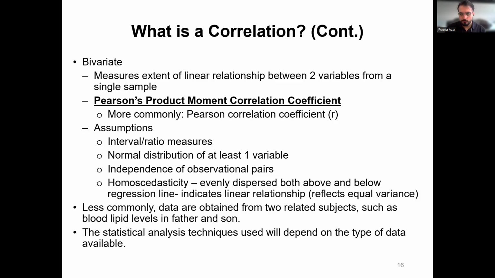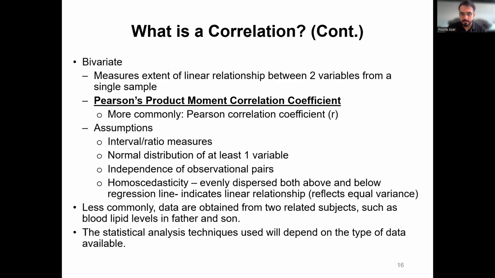For example, we cannot measure the relationship or correlation between BMI and body weight. Of course, they are related. We cannot do that. They are not independent from each other. And homoscedasticity is our last assumption for correlation.